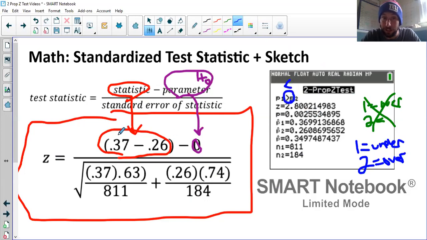And if we subtract in the other order, our z-score is going to become negative. Looking at all the blue stuff, if we subtracted under minus over, we'd do 26% as our 1 and 37 as our 2, which would give us a negative difference and correspond to a negative z-score.